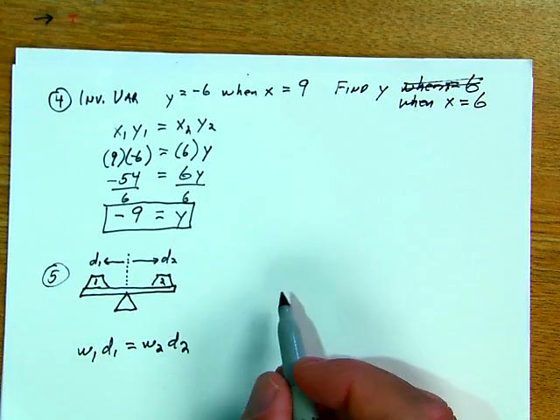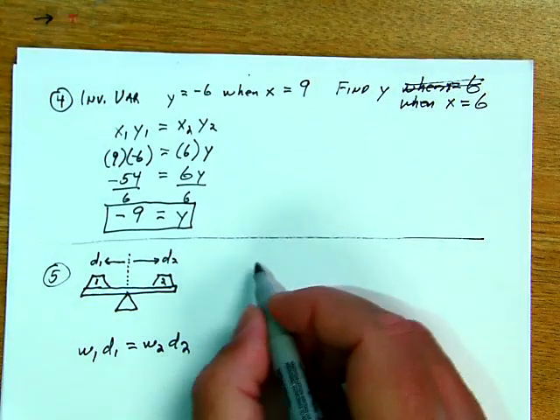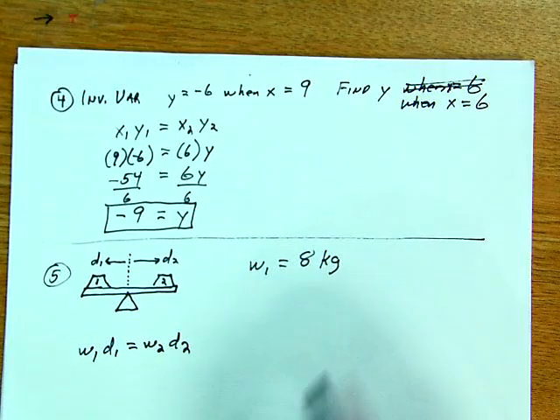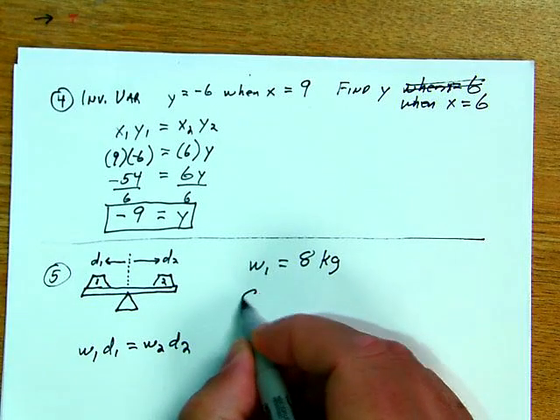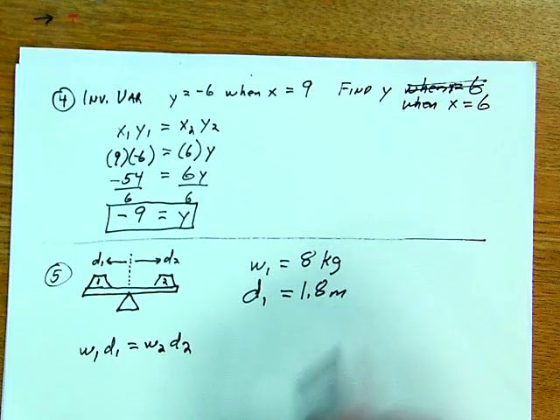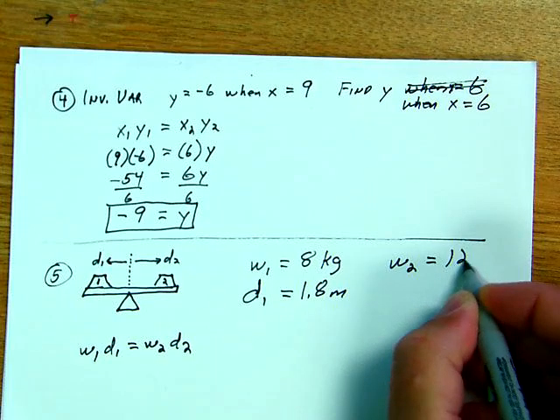Now, let's give us a little bit more details about this problem. What if our weight 1 is 8 kilograms? And let's say that the distance of weight 1 is 1.8 meters away from the fulcrum. And we have weight 2, and it is 12 kilograms.